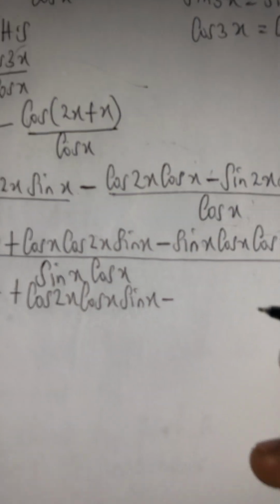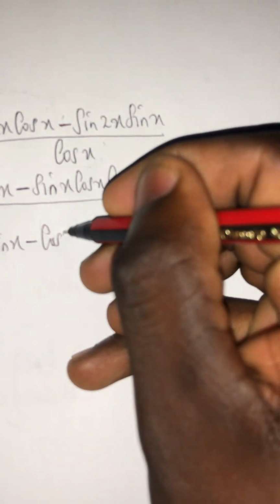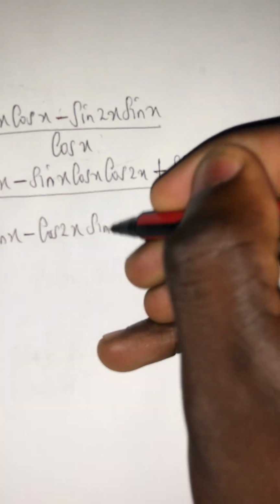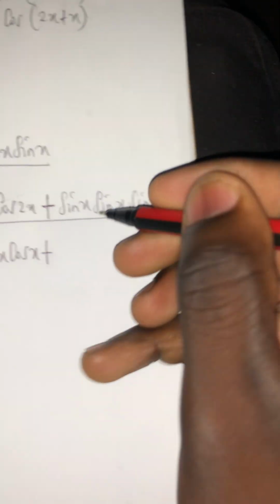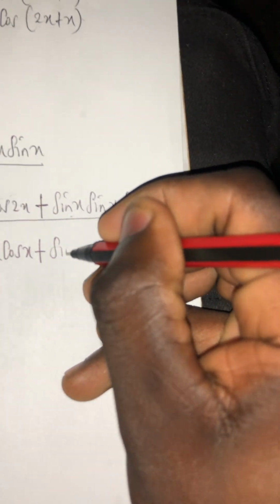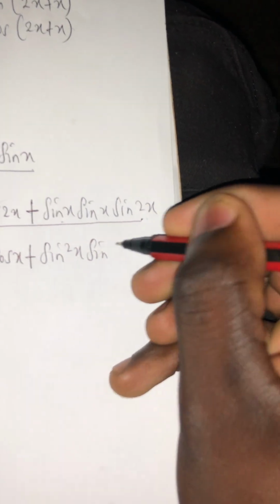Then here I can also rearrange this as I can start with cos 2x, so cos 2x sine x cos x. Then here plus, I can multiply sine x by sine x, that is sine square x, then multiply by sine 2x.